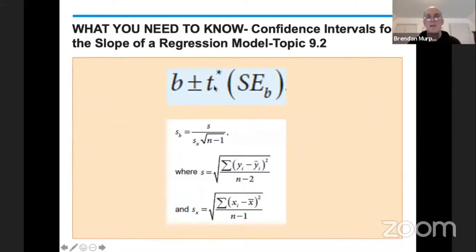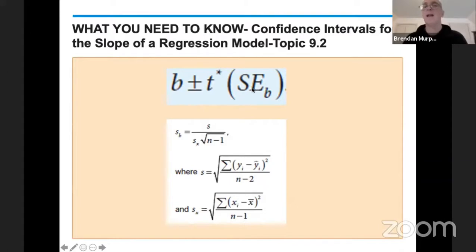So here's that same formula again, SEB, the standard error of my slope. Here's the formula: SEB equals S over SX times the square root of n minus 1. And that S on the top is this formula here in the middle, and this SX in the denominator is right here. If you divided this by this times that, you would get this formula, and you can see it's clunky.